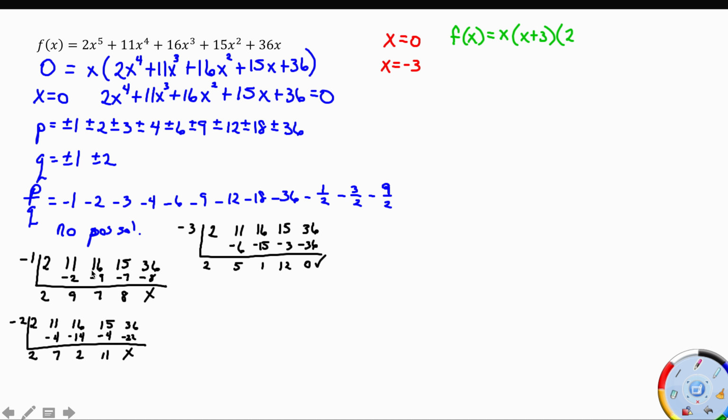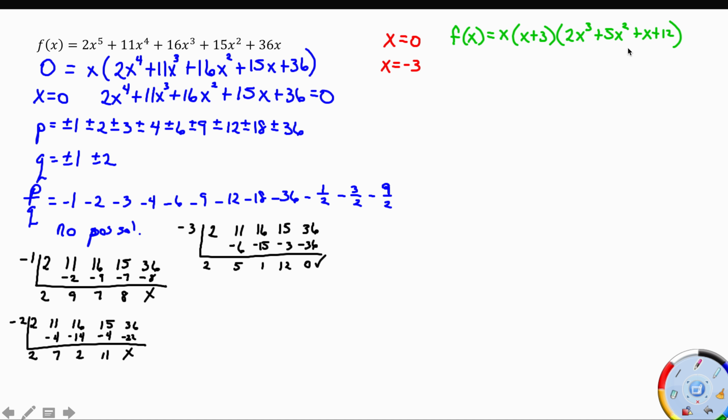We started out with a 4th degree, so this would be 2x cubed plus 5x squared plus x plus 12.